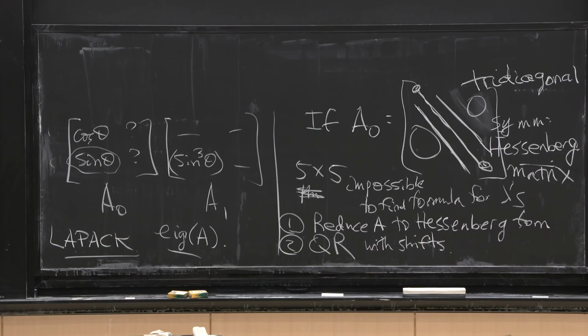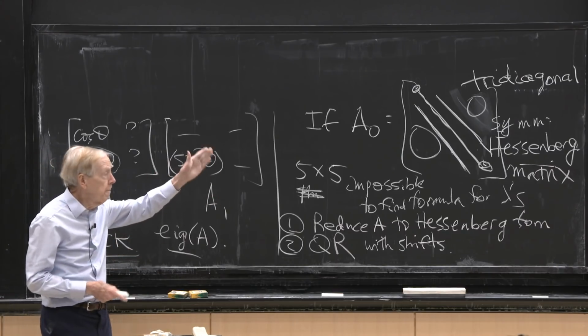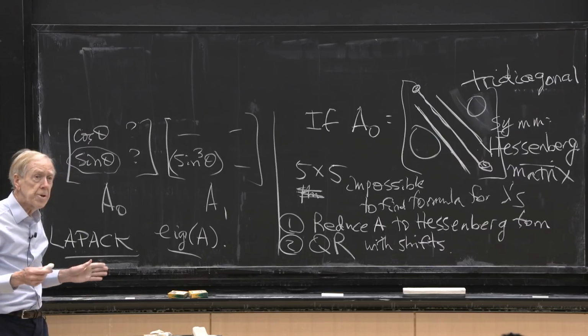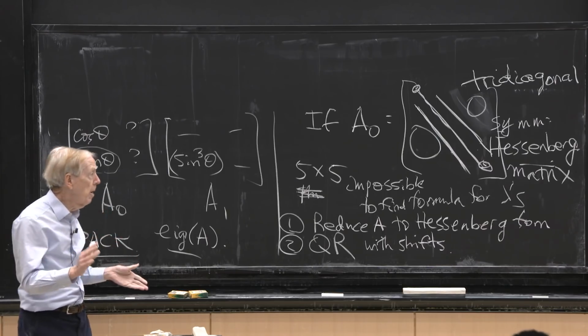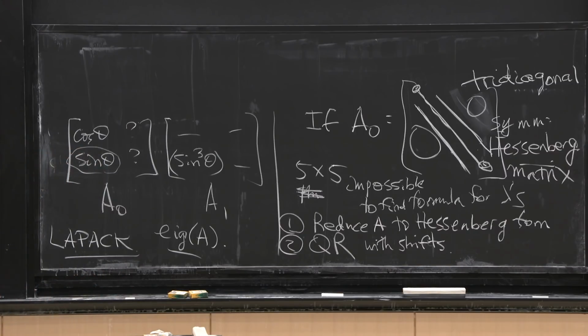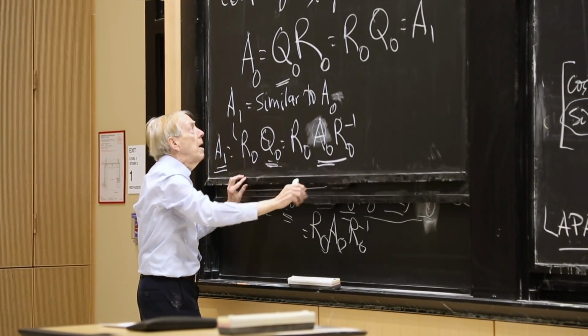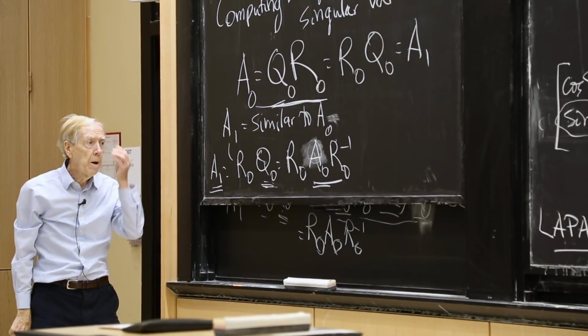So you're working with just 3n numbers. Well, actually 2n, because the diagonal above and the diagonal below are the same. You're working with just 2n numbers instead of order n squared, and it just goes like a bomb. So that's Eig for symmetric matrices. And you see that really the heart of the algorithm was QR.